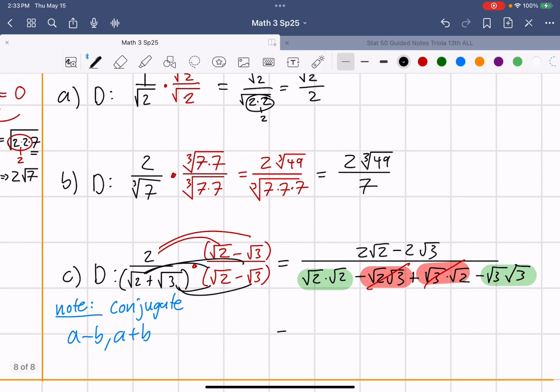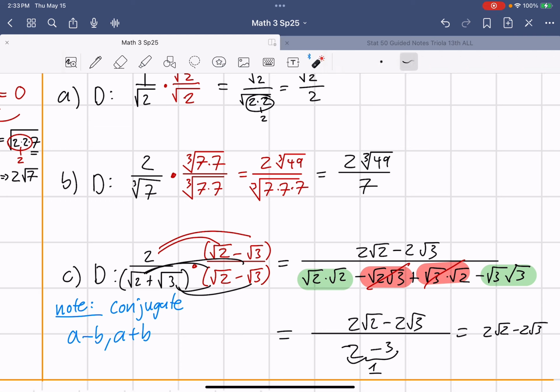And that will leave me with 2 square root of 2 minus 2 square root of 3 all over 2 minus 3, which simplifies to 1. So my final answer will just be 2 square root of 2 minus 2 square root of 3. And the denominator was rationalized because it's just 1.